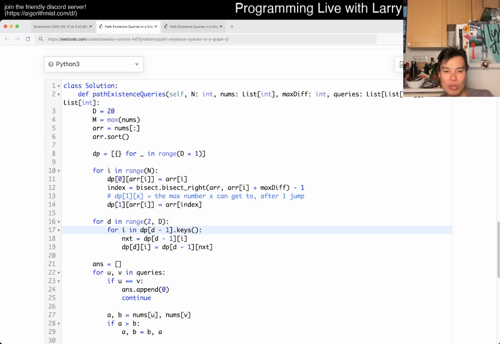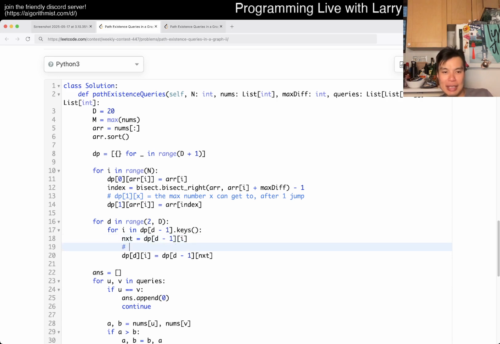So then now, dp sub d of I is equal to the max number I can get to after 2 to the d minus 1 jump, right? That's basically it, because if d is equal to 2, then that's after 2 jumps. Yeah, I mean, that's basically it, right?